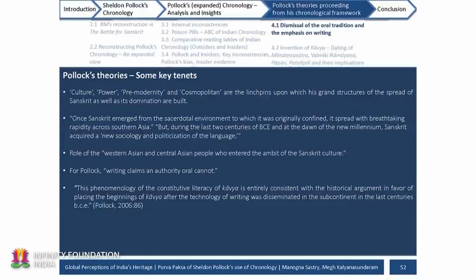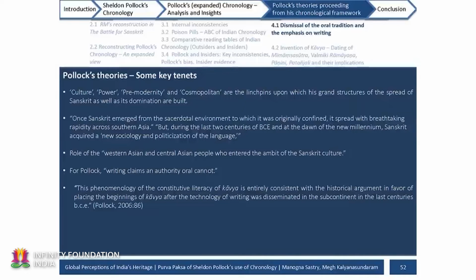Because he can associate Sanskrit and its oral use with privilege and understand how the language spread when that privilege is broken at the start of the new millennium. This phenomenology, what he calls of constitutive literacy of kāvya, apparently is entirely consistent with the historical argument of placing it in the last centuries of BCE.